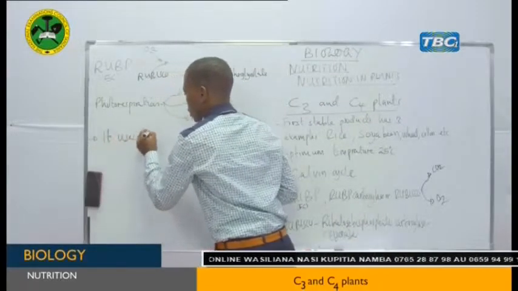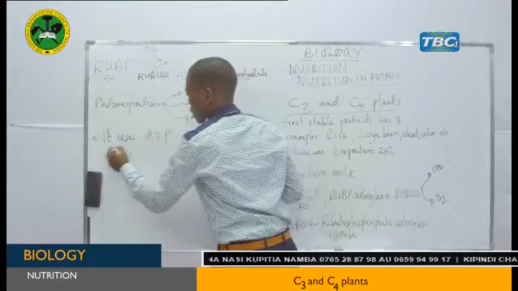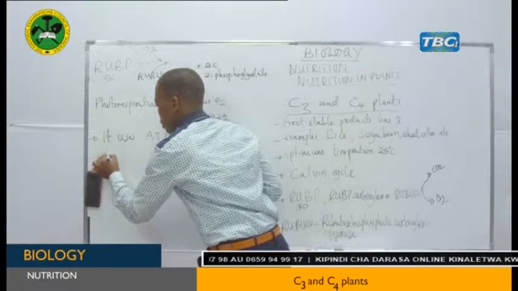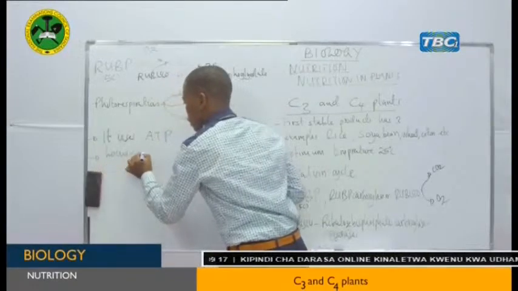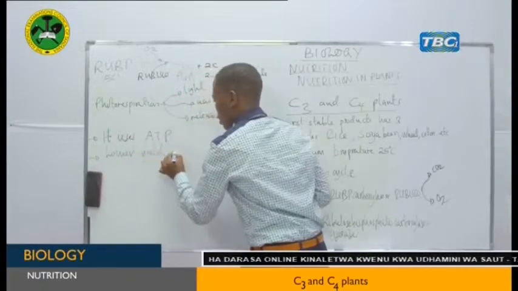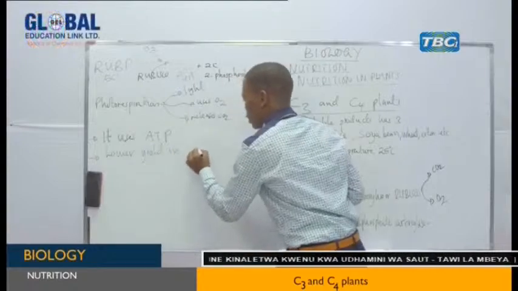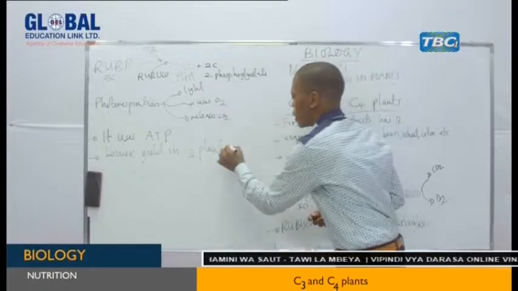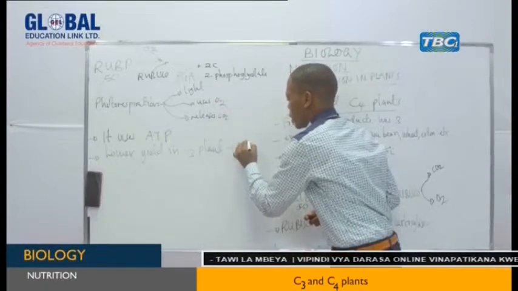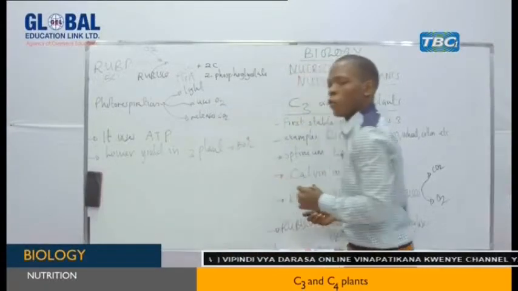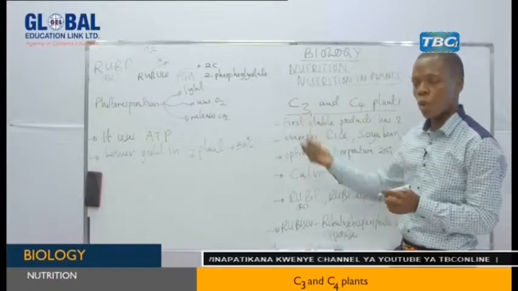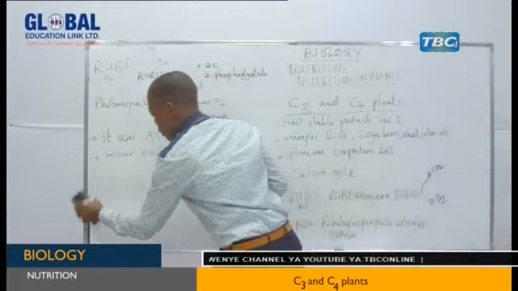It uses ATP, but also it lowers the yield in C3 plant by up to 50%. 50% rate of photosynthesis is lowered by this photorespiration. Therefore, it is a wasteful process.